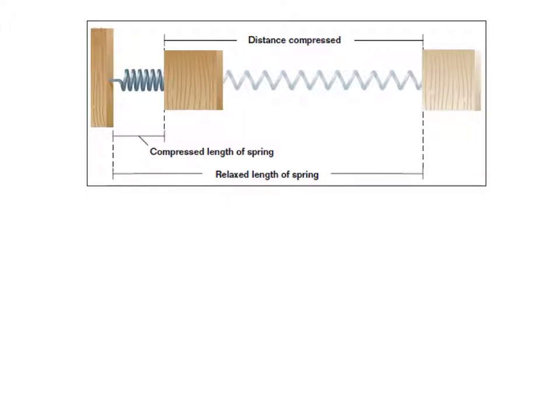So let's look at an example of this. This is the diagram in case you're wondering. Okay, so X is the distance compressed. Traditionally, by the way, we call this the free length or relaxed length. So meaning the spring is attached to a wall, let's say, and that's where it normally sits under no forces. But as soon as you push on it and compress, maybe it moves to here now.